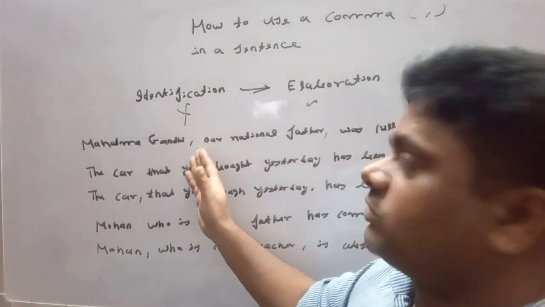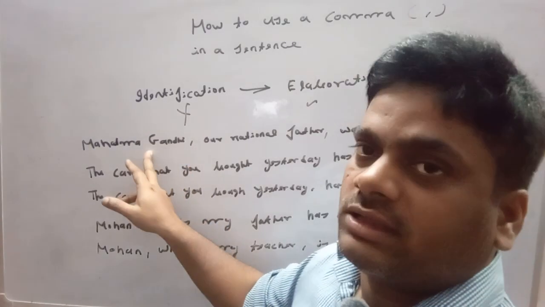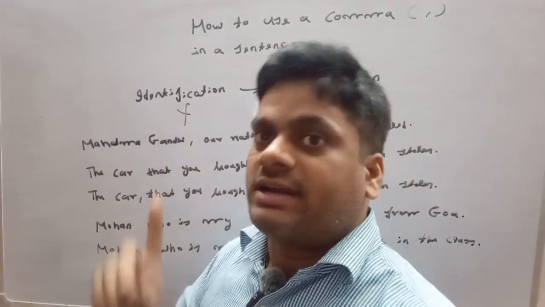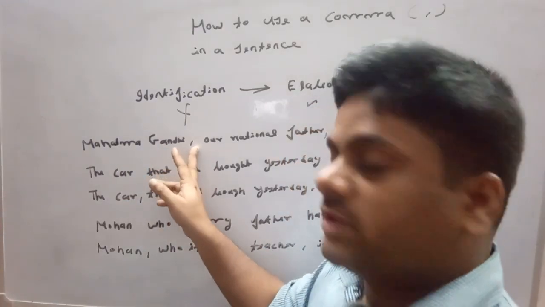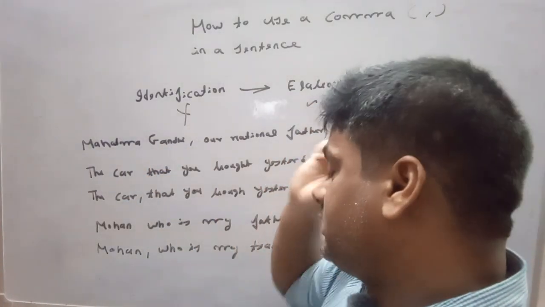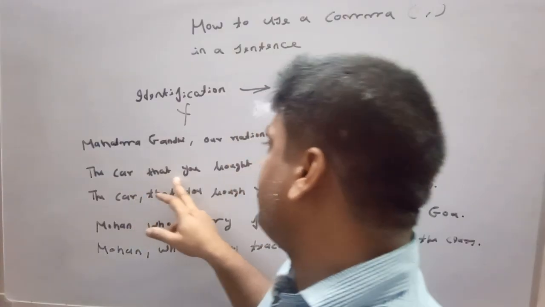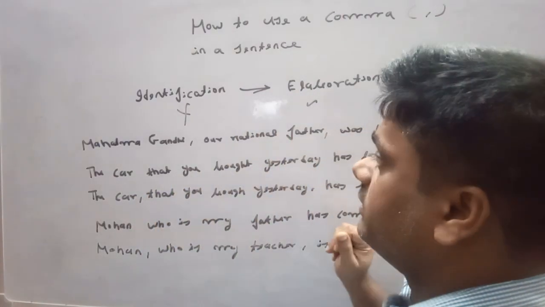So here we have used a comma. Mahatma Gandhi doesn't need any type of identification. He needs elaboration. So in case of elaboration, we have used a comma. But in the second sentence, the car that you bought yesterday has been stolen.